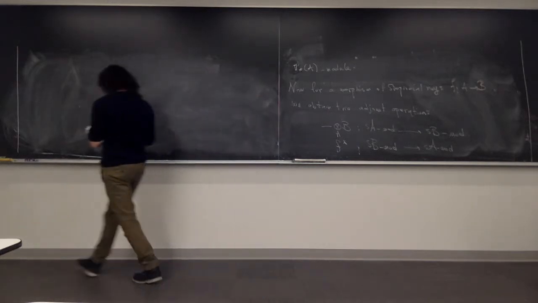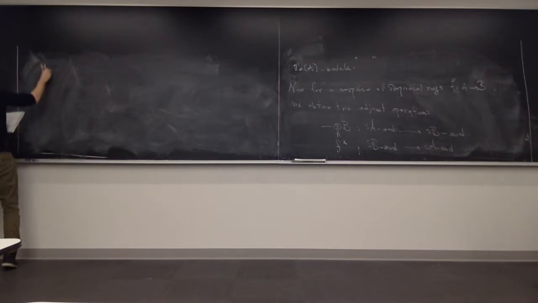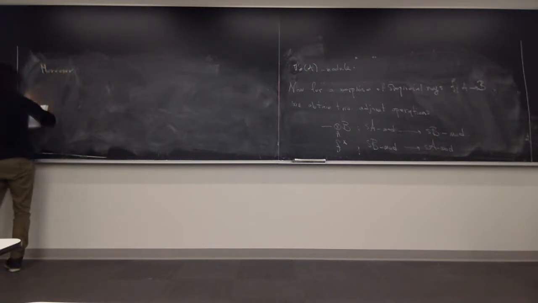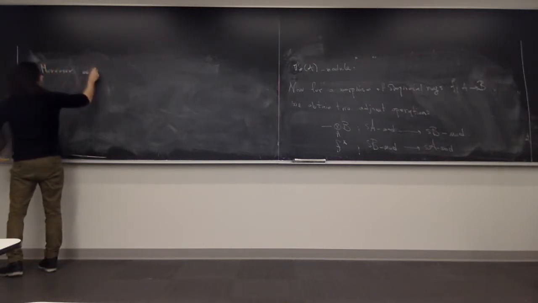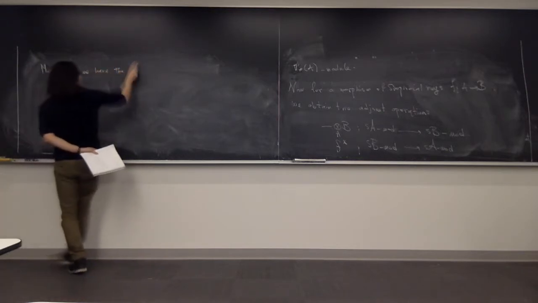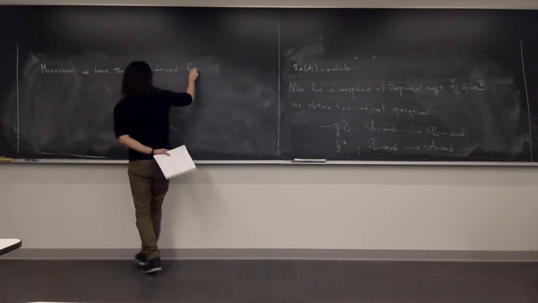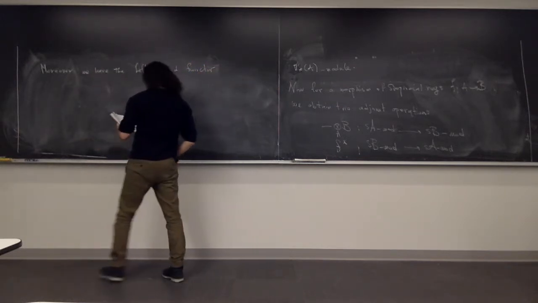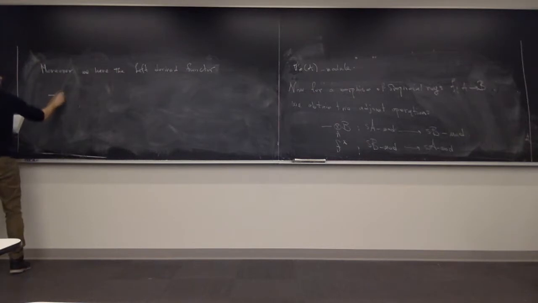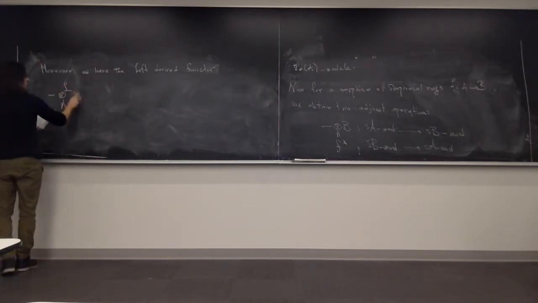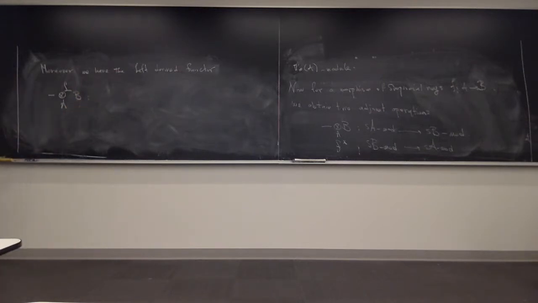Okay, so now, moreover, we have the left derived functor over this category, which is the tensor product with B, and because we are lifting to the derived category, we are lifting to the category of fibrant objects.